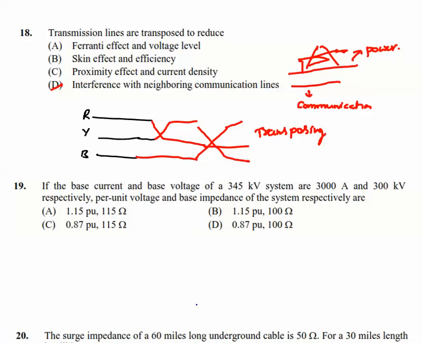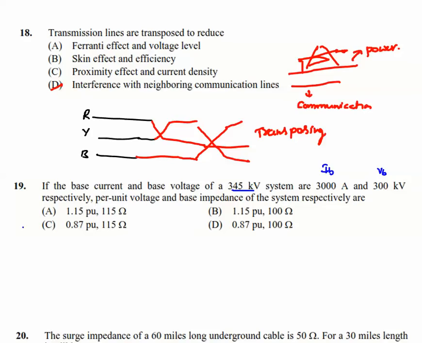here is, if the base current and base voltage of a 345 kV system are 3000 A, this is the base current, and 300 kV, this is the base voltage, of a 345 kV line respectively, find the per unit voltage and the base impedance of the system respectively.